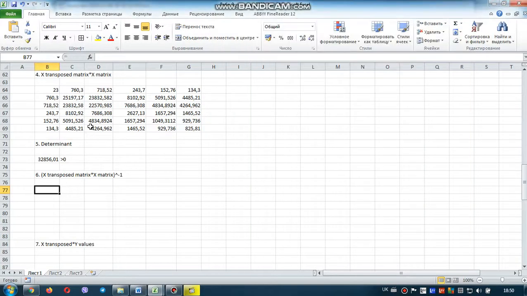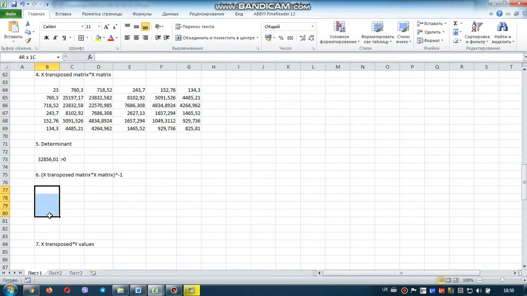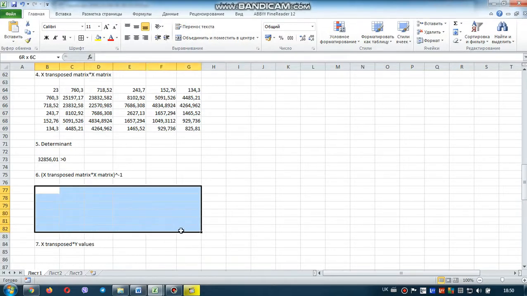Okay, so to determine the inverse matrix of this matrix, we have to select our empty range first of all. The empty range should be of 6 by 6 cells. Then we use the function MOBR, from the words "матрица обратная".